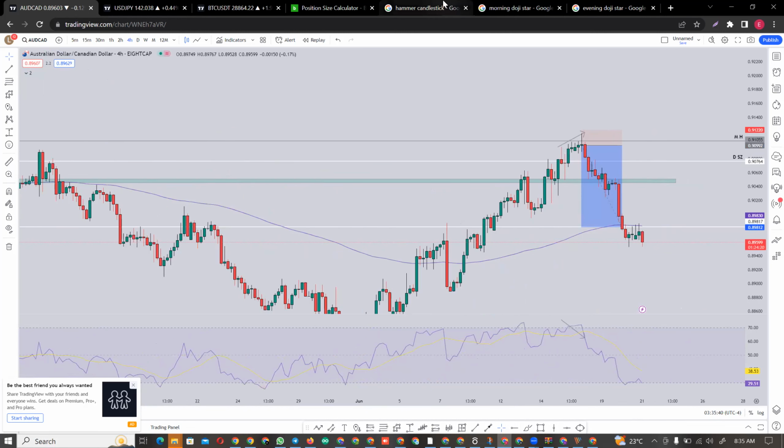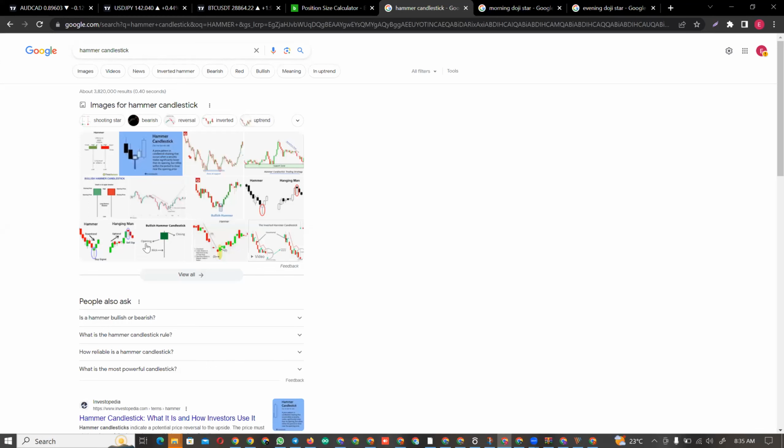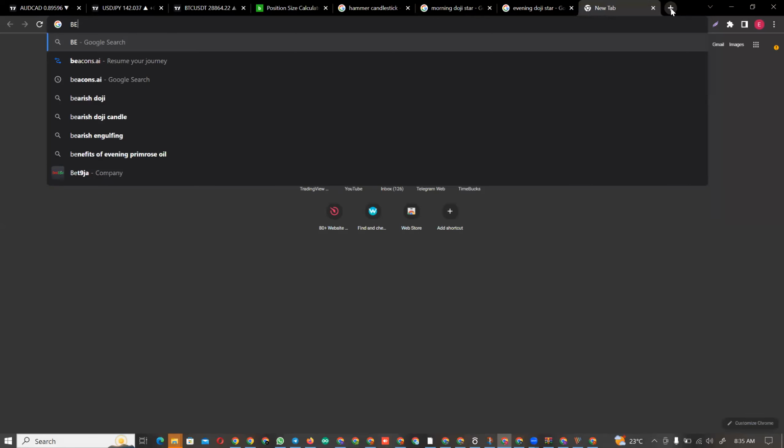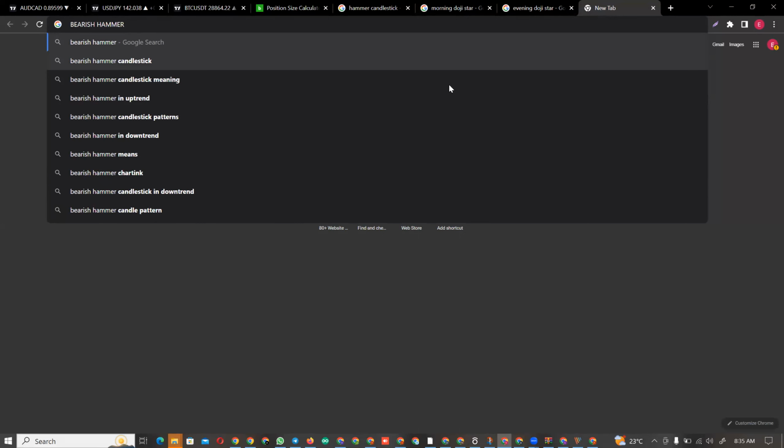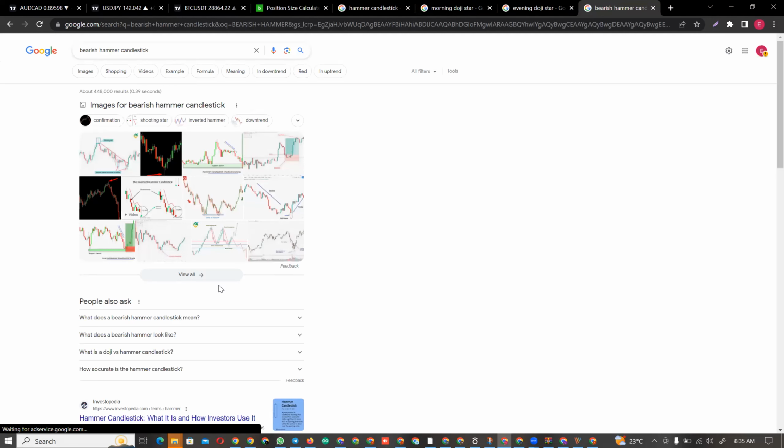The first candle I opened, we have a bullish hammer and a bearish hammer. Let me look for the bearish hammer.